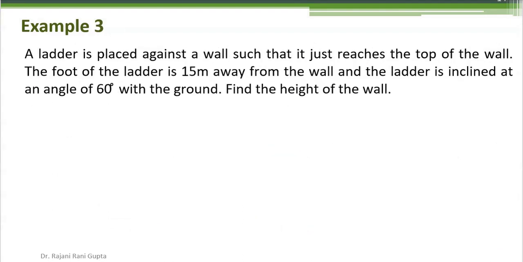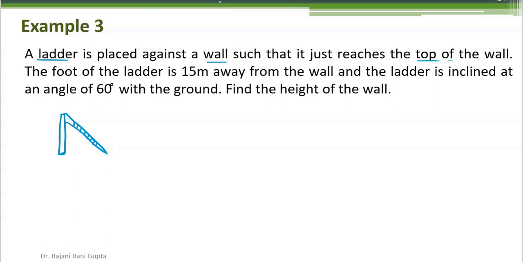Let's solve one more question to make the concept clear. What is given? A ladder is placed against a wall such that it just reaches the top of the wall. So this is the wall and the ladder is placed on it, such that it just reaches the top of the wall.